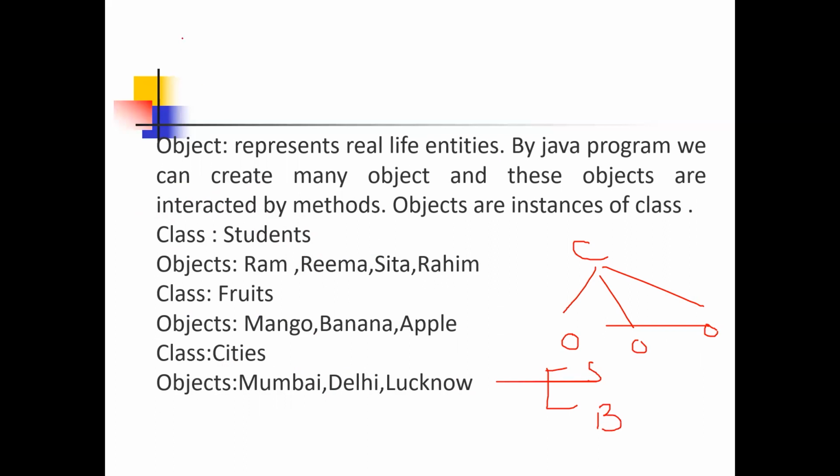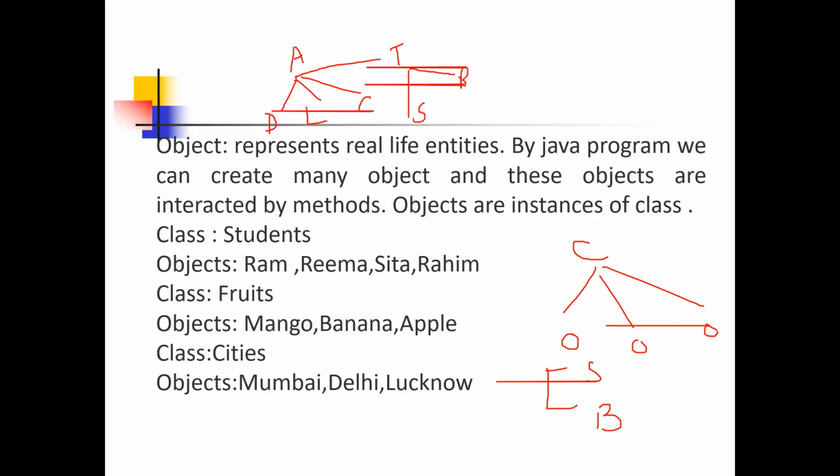For example, animal is a class. Entities for objects can be dog, lion, cat, tiger. Suppose a tiger object, it has state and behavior.